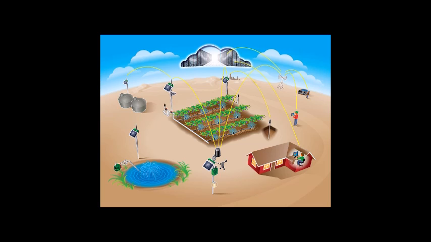Now here we've added another node. This one's monitoring pond levels, and it could actually control any kind of pump, including diesel pumps through a Murphy controller, or just a regular electric pump through a relay contact.